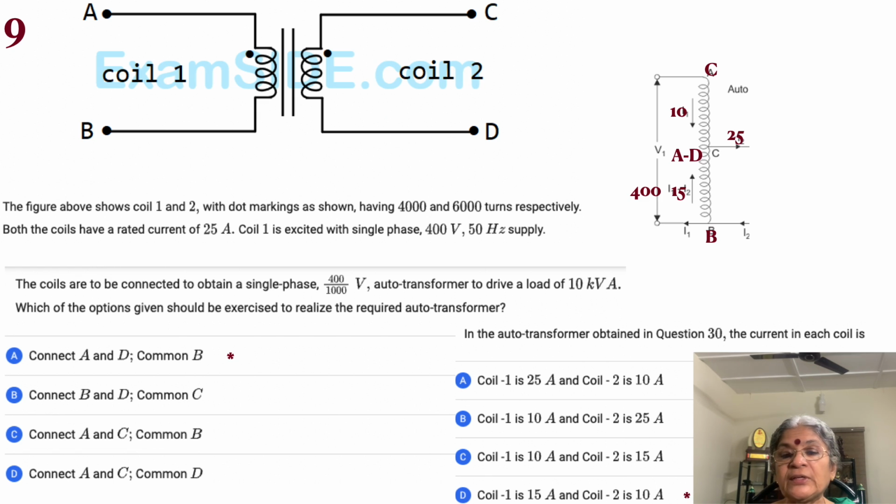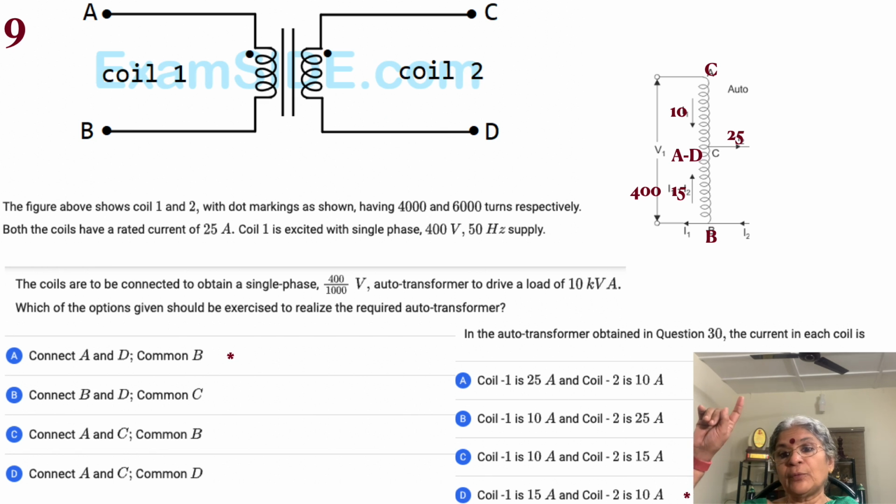We see that 10 kVA has to be delivered. The coils have to be connected to obtain a single phase auto transformer to drive a load of 10 kVA. So 10 kVA divided by 1000 volts tells us it's going to be 10 amps.